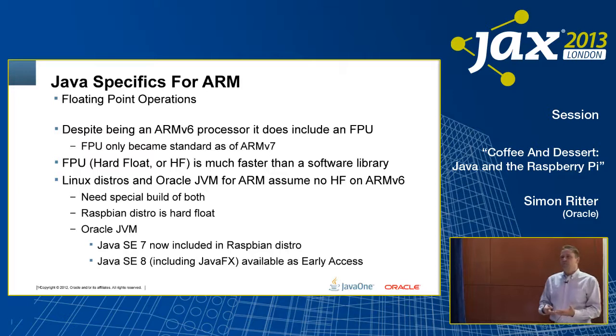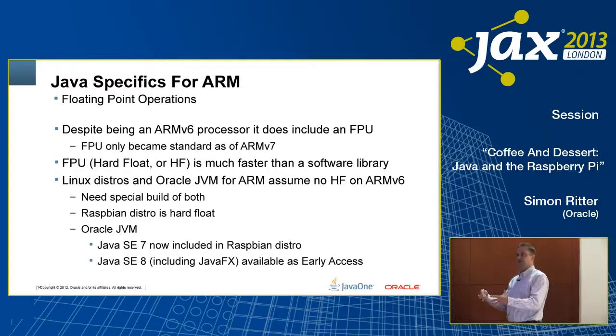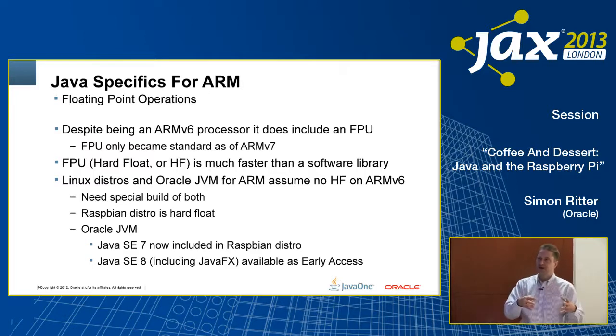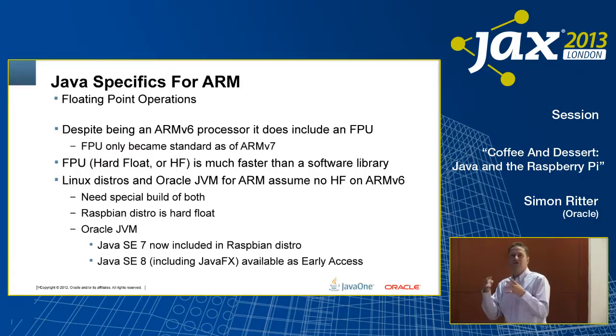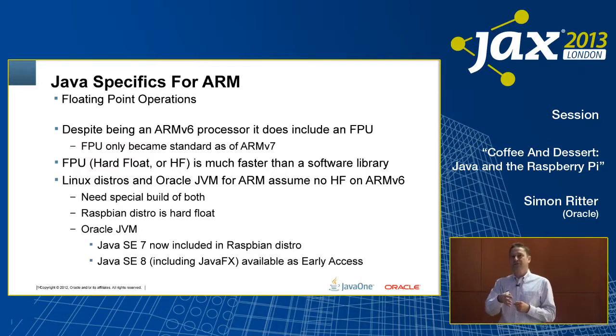For floating point numbers, you have a choice of either doing it in a library, where you take the floating point representations, convert them into integers, do the arithmetic using the processor and then convert back again, or you have some kind of hardware specially designed for processing floating point numbers and doing the arithmetic. So the ARM v6 architecture doesn't support a floating point processor by default, but the Raspberry Pi does have one built in. So their architecture does have a floating point processor.